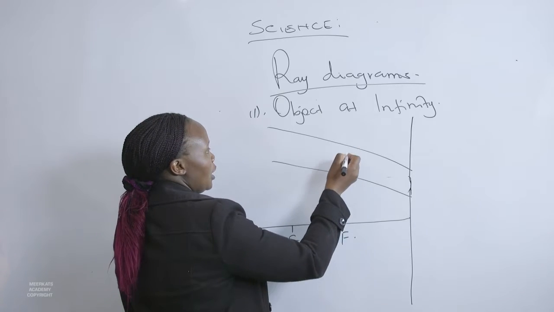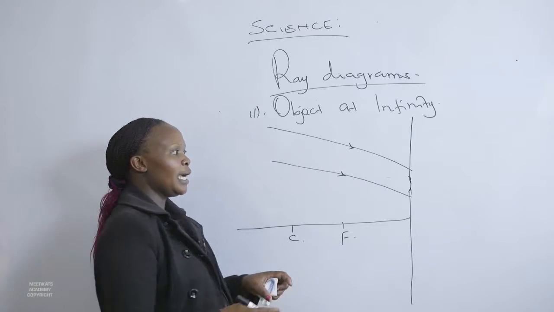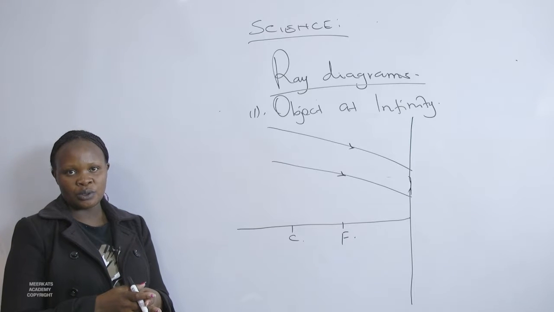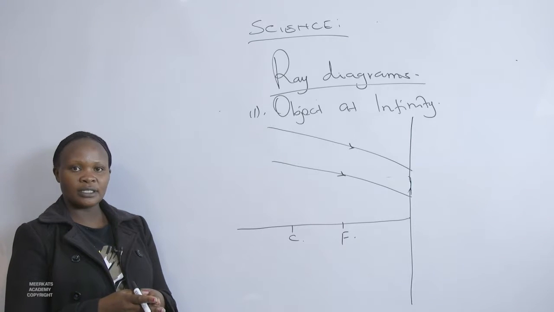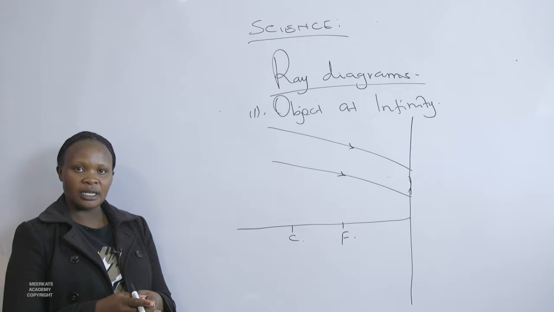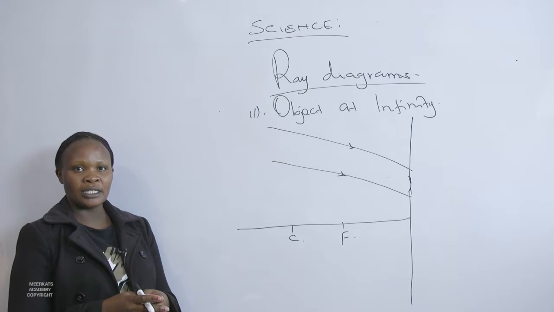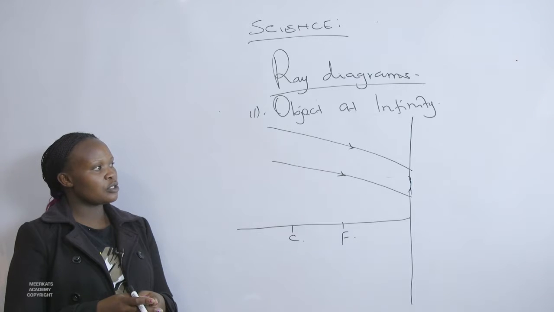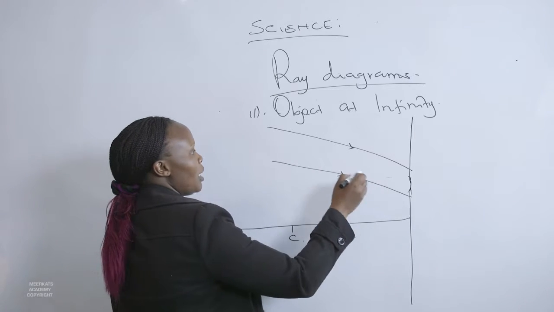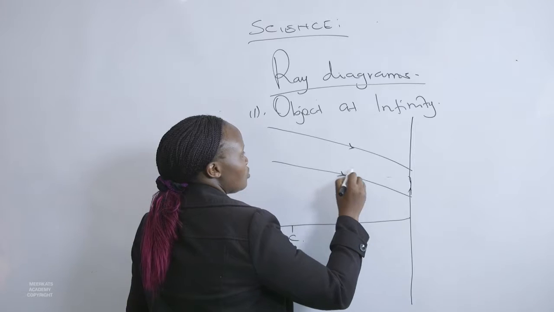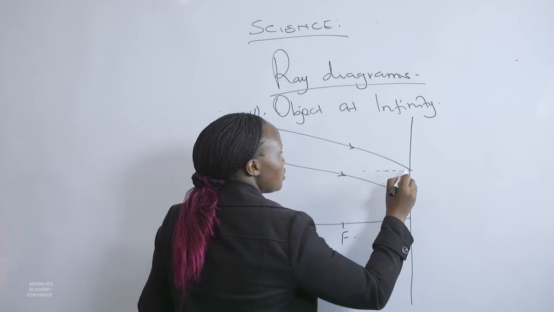Those arrows are incident at an angle to our reflecting surface, and we said they should be reflected in such a way that they have the same angle. Let us draw some normals.